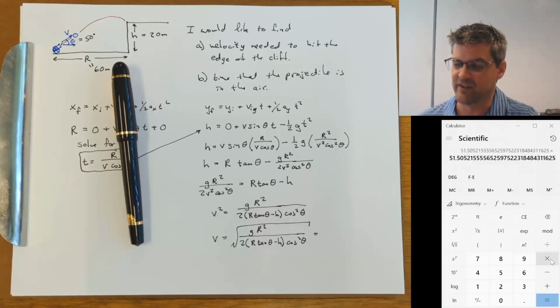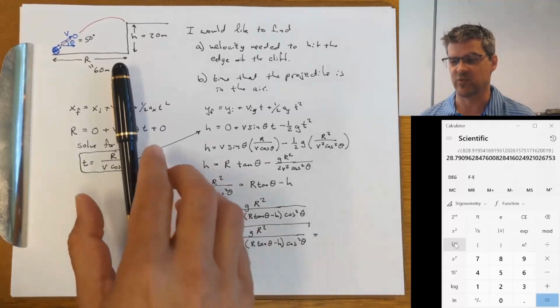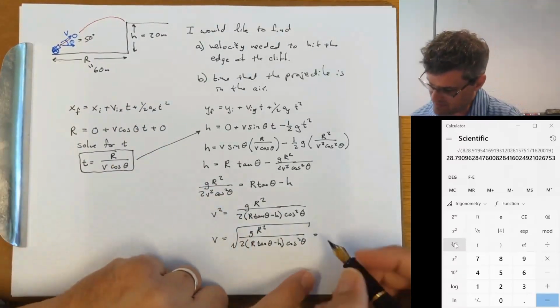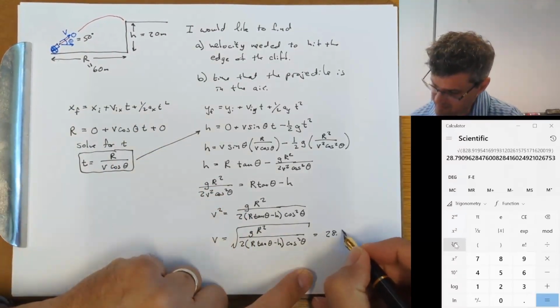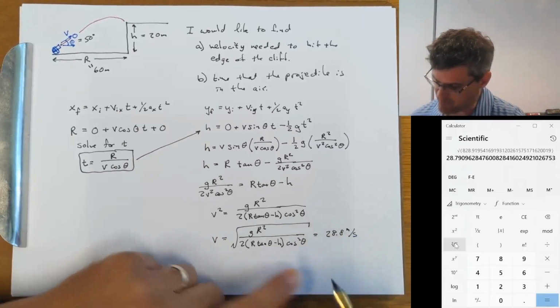So I take this whole thing times 2 times the cosine of 50 squared is equal to this. Put that in the denominator, times 9.8 times 60 squared. Take the square root, and I get 28.8 meters per second.